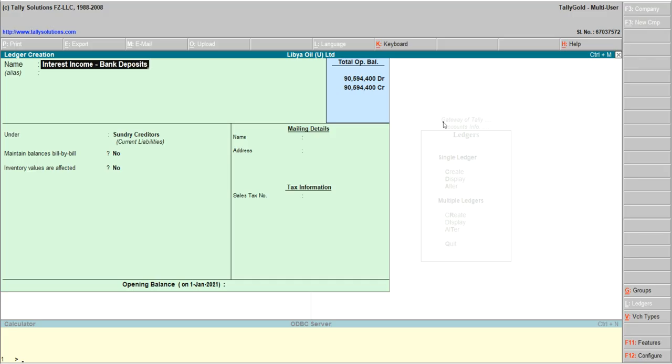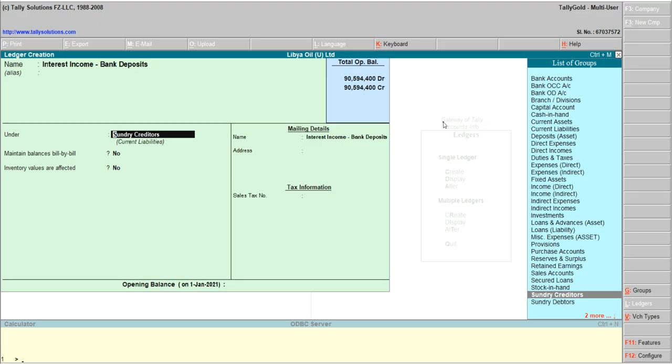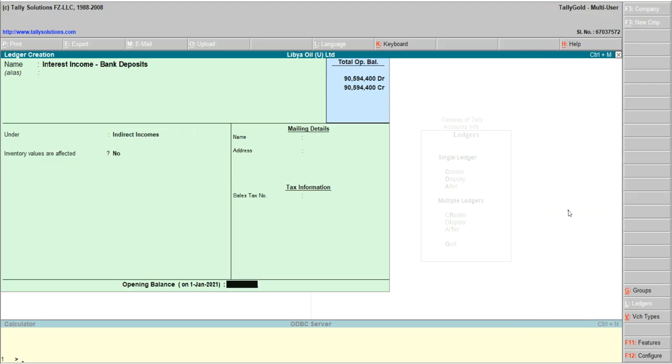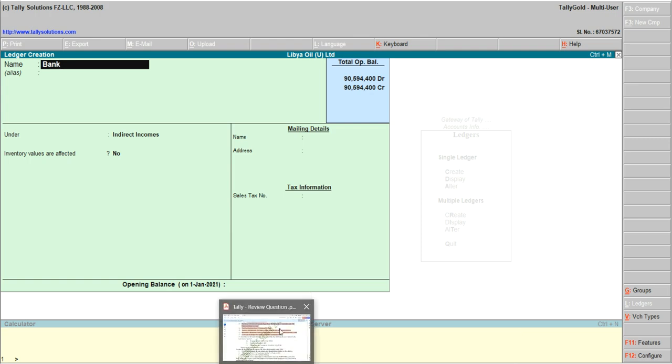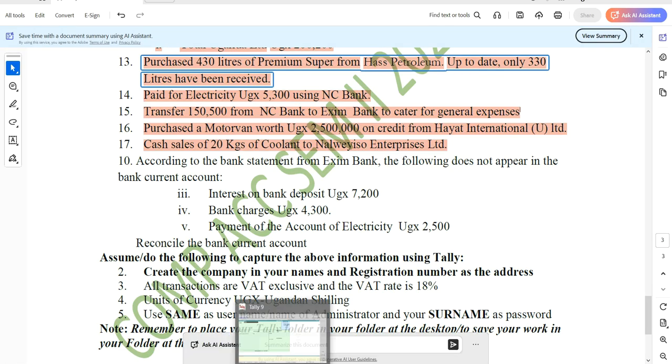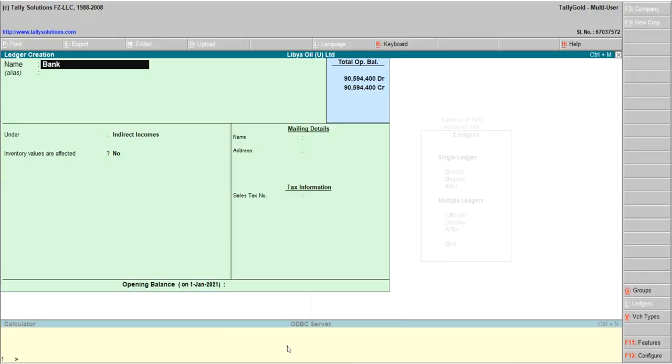The company receives this interest income from the deposits they make to the bank. This is an indirect income. Accept. Then also create bank charges, because we have not created that account anywhere.